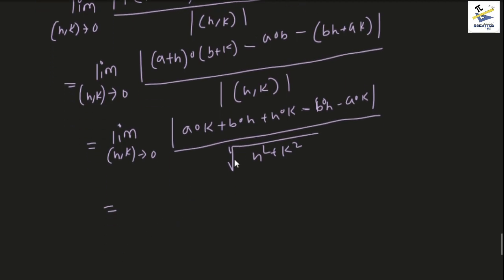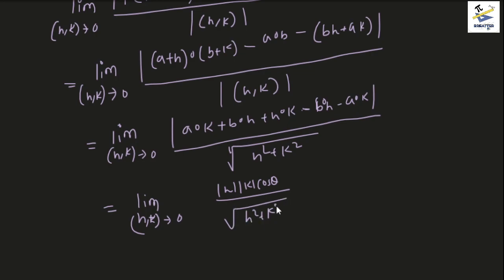And now the things cancel, and what we are left with is the limit as (h, k) goes to 0 of the modulus of h times k, which is like the product of h and k, that is equal to mod h mod k and of course the angle between h and k, over the square root of h squared plus k squared. Well, this is how it works.